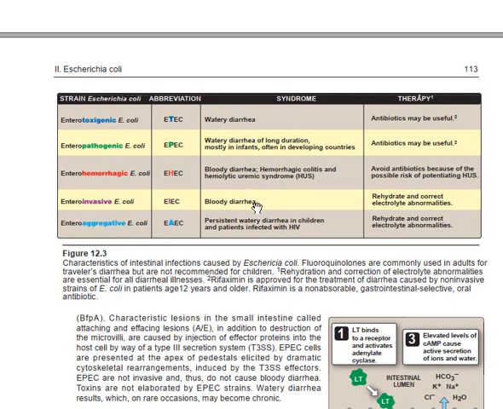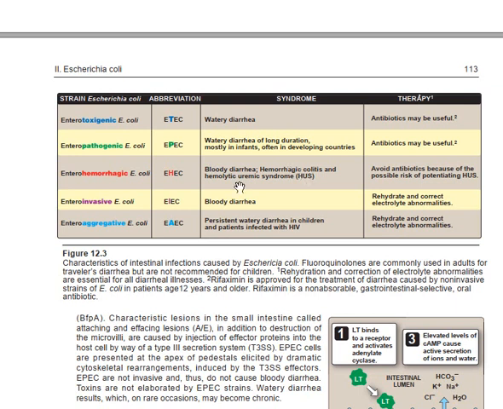Now, what syndromes does each of them produce? Enterotoxigenic E. coli produces only watery diarrhea. Enteropathogenic E. coli produces watery diarrhea of long duration, mostly in infants in developing countries. Enterohemorrhagic E. coli produces bloody diarrhea, hemorrhagic colitis, and hemolytic uremic syndrome.